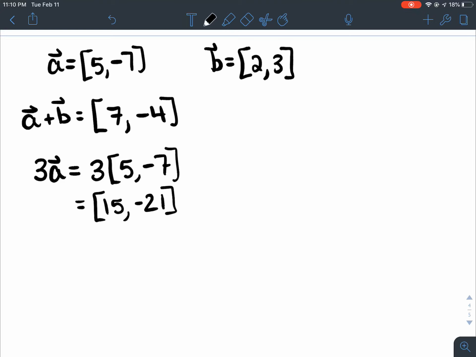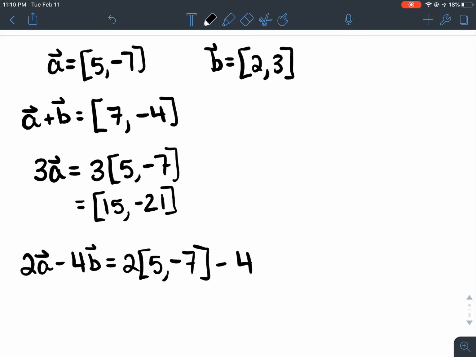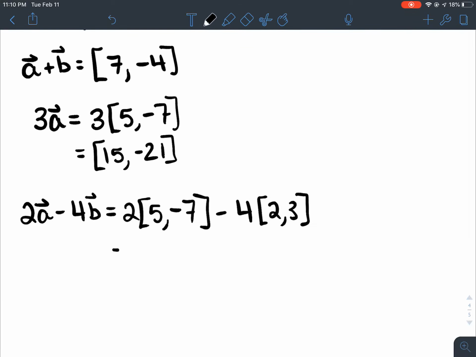Okay, what if we wanted to subtract vectors? What if we wanted to do like 2A minus 4B? So 2 times vector A minus 4 times vector B. So first thing we have to do is do our scalar multiplication.